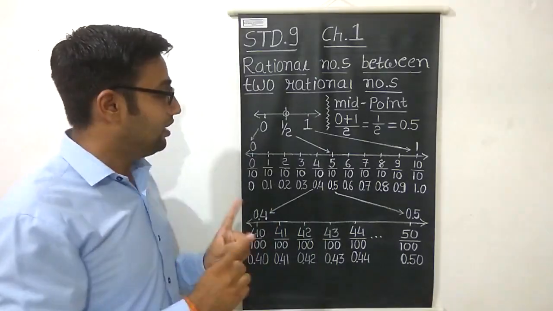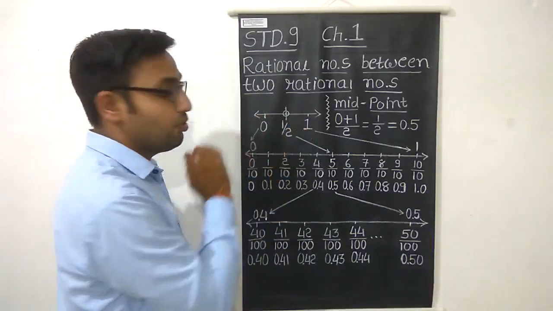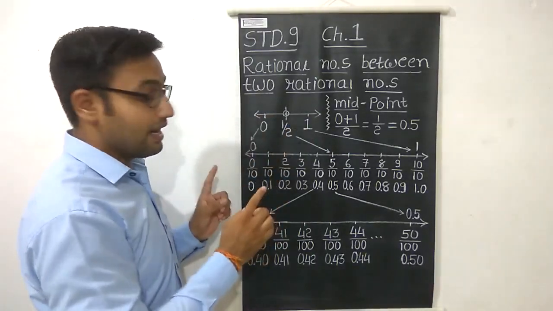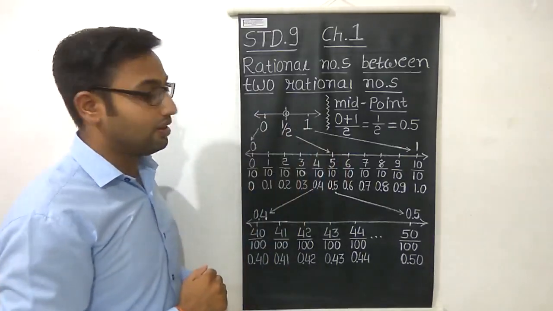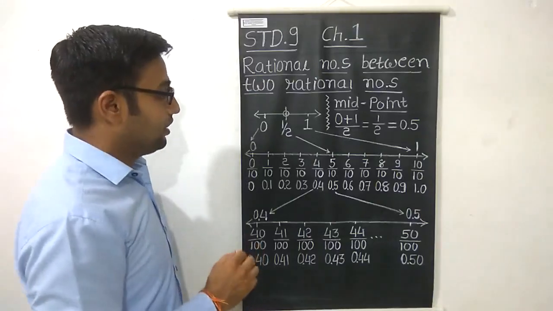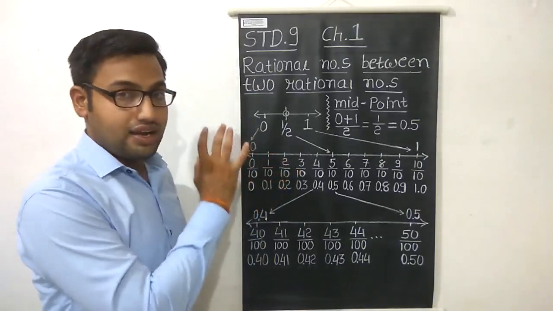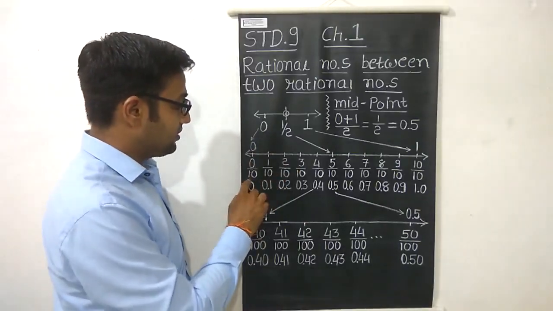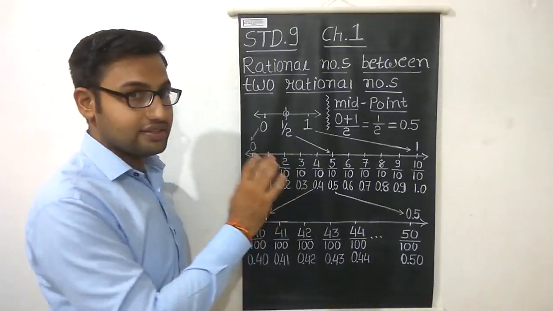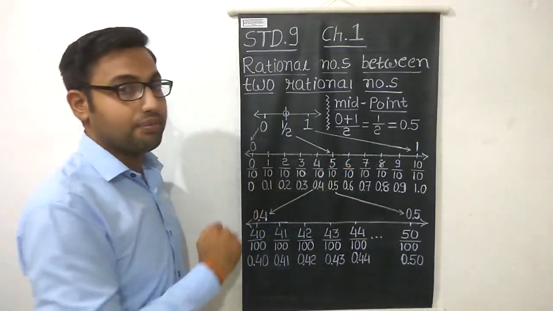In the same way, here also between 0 and 1 we can get 10 parts which are equidistant from one another, right? So we have to divide by 10 such that we can get these 10 parts.